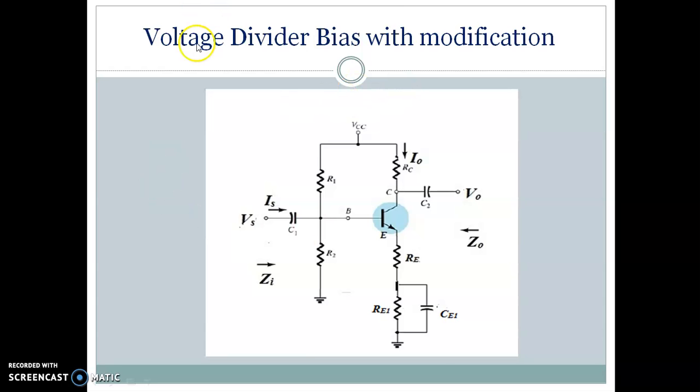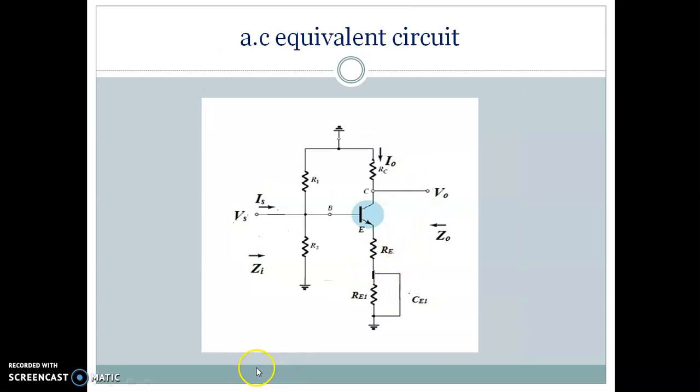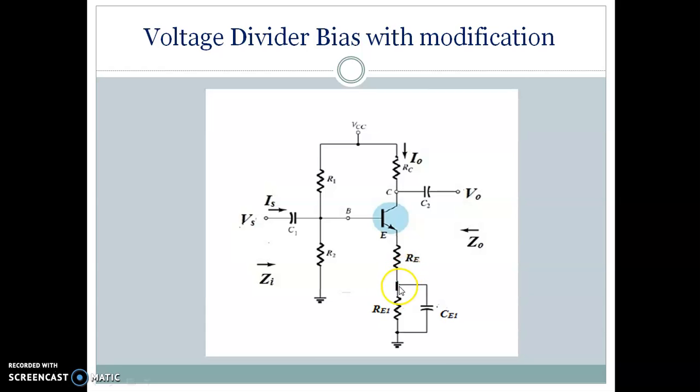Now I have provided a voltage divider bias with some modification. You can see I have included one resistor, the RE resistor, and another resistor, RE1, which is bypassed. Through these resistors the DC signal will flow, while the AC signal will flow through this RE resistor, and it will bypass only the effect of RE1.